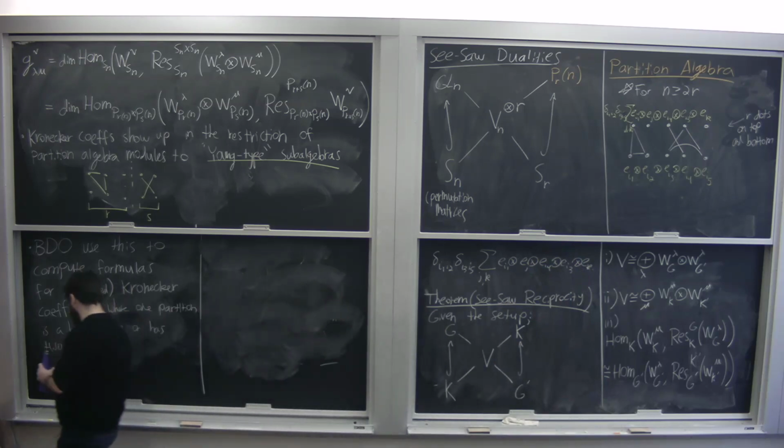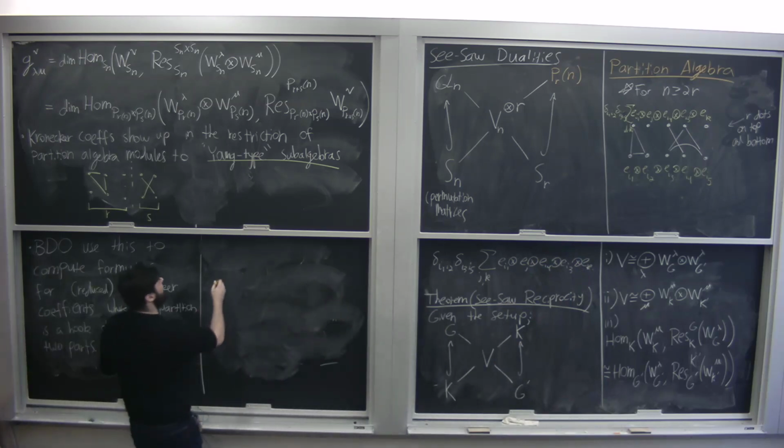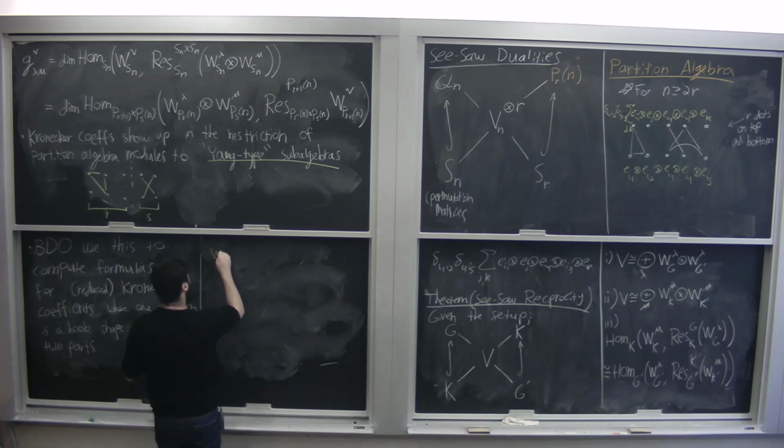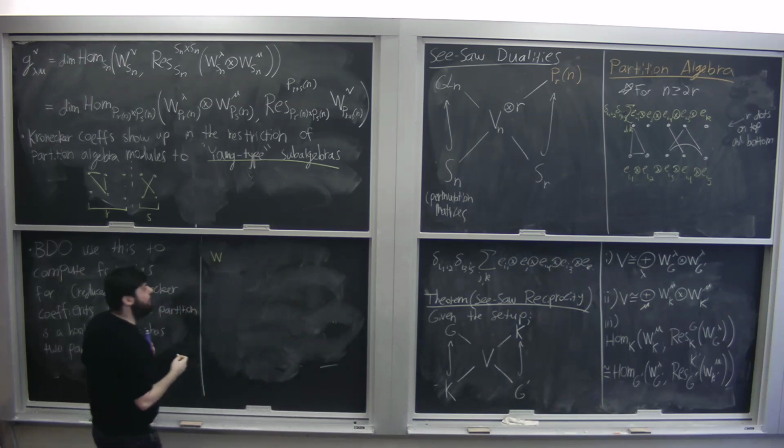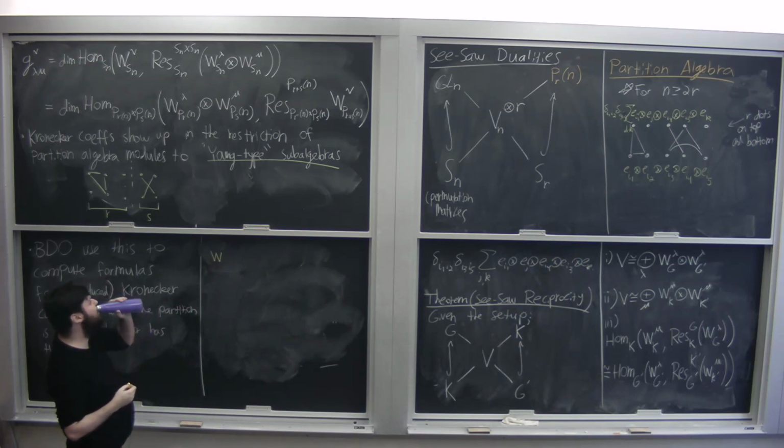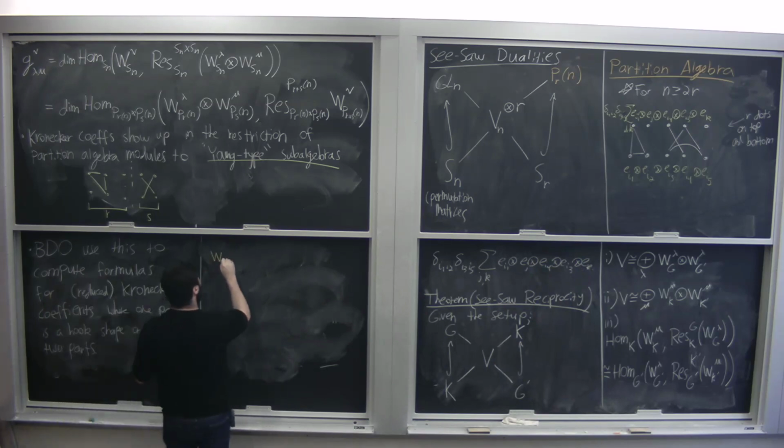So what that looks like, say I have P 4, 8. Then we have a shape like 4, 3, 1.